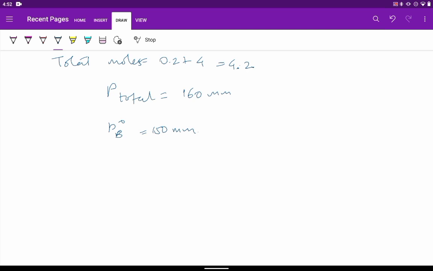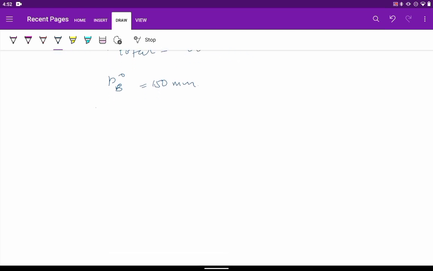So now PA naught we can calculate. Total 160 will be equal to 0.2 divided by the total number of moles 4.2 into PA naught, plus 4 by 4.2 into 150.